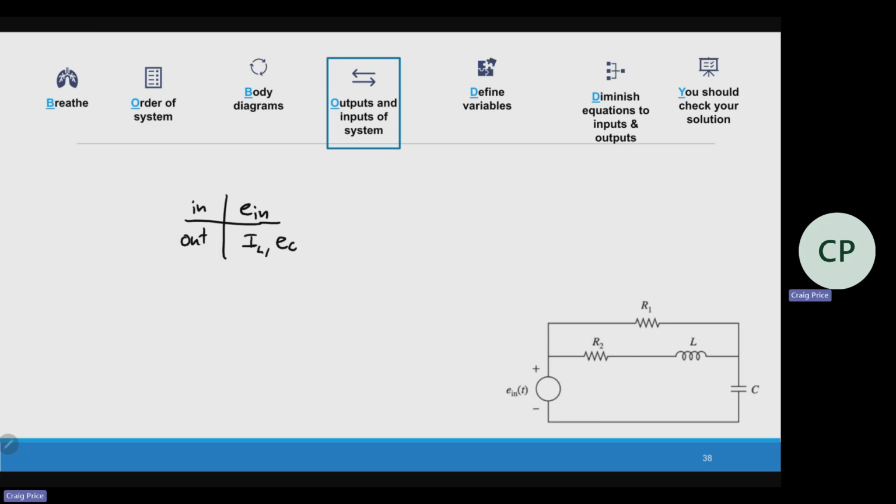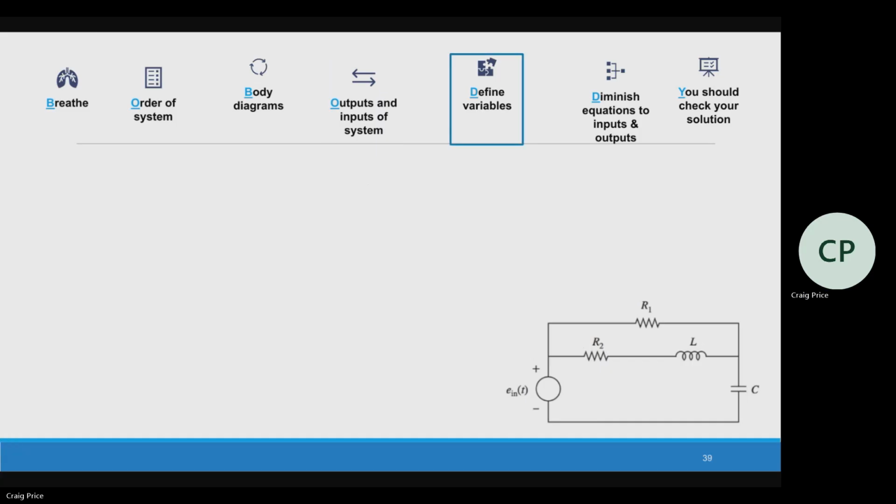Now we go to our definitions. First, I'll do the easy ones. I call this I1, this IL, this IC. The Ohm's law for ER1 is equal to R1 times I1. The voltage for R2 is equal to R2 times IL.